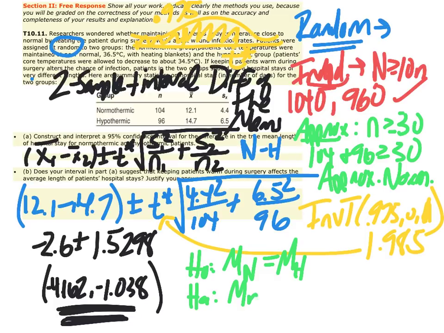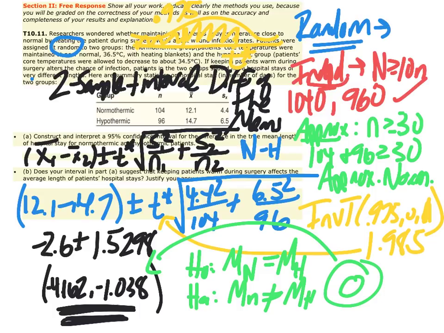So the hypothesis test would have said there's a difference, which basically means if there is no difference, it'd be 0. So is 0 within this interval? 0 is not within this interval, therefore, yes, there is convincing evidence that it does make a difference to keep the patients warmer during their surgery for better recovery time.